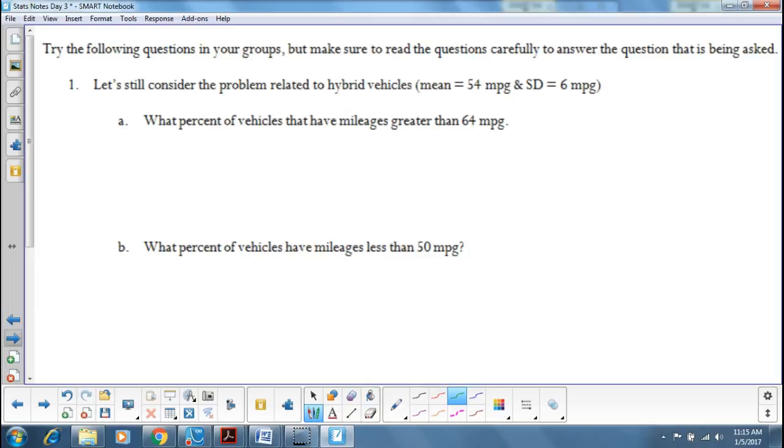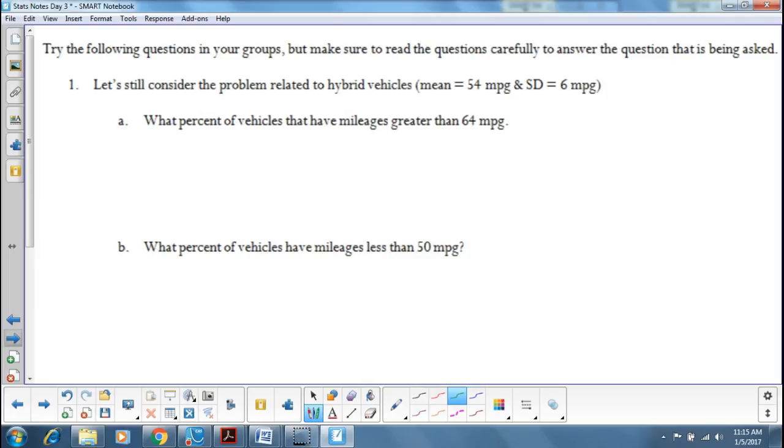Okay? Alright? So, one of 3 specific words or their synonyms. That is below, or less than, or you know what I mean? On the left of kind of a deal. Okay? Between, or above. Those are the 3 words that you have to look out for, because that's going to tell you how you have to do this problem.